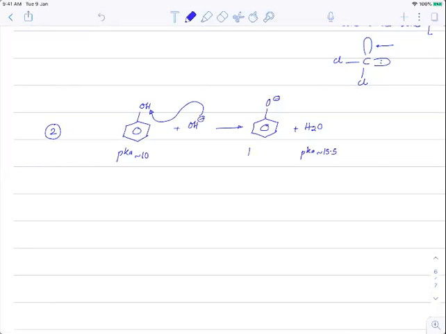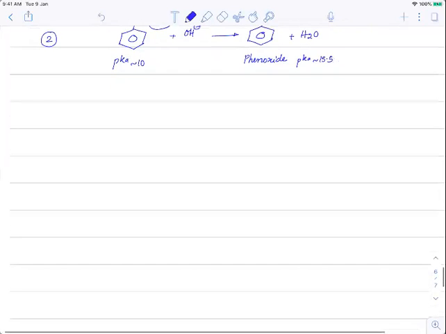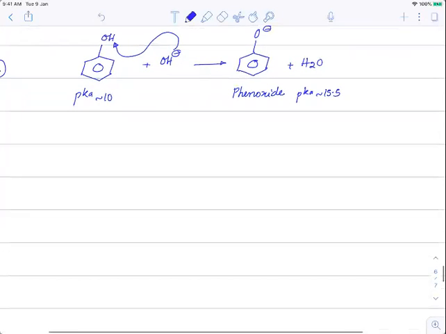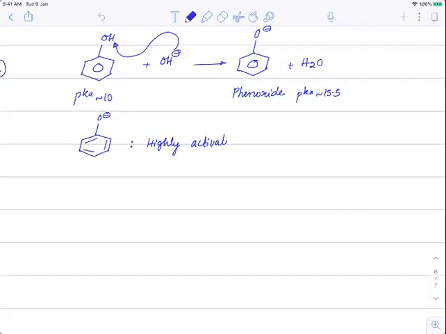So the ion which has been generated is called phenoxide ion. And the speciality of phenoxide ion is that because it has a minus charge, it will activate the ring very heavily. So it is a highly activated ring.